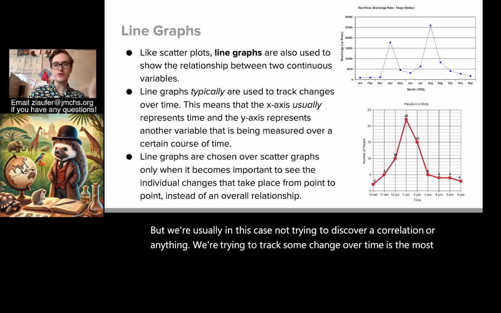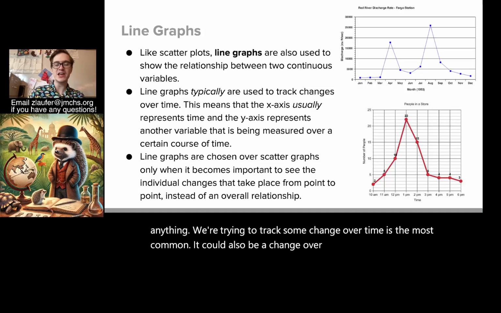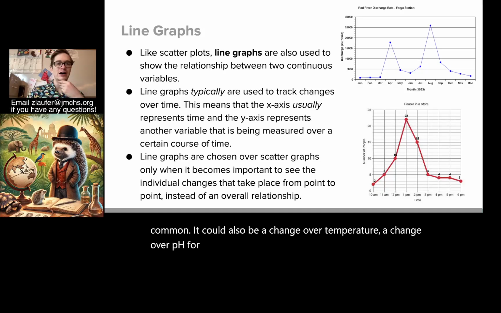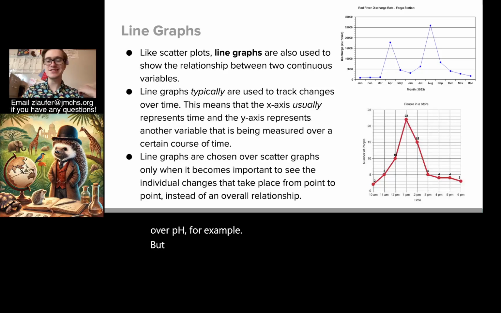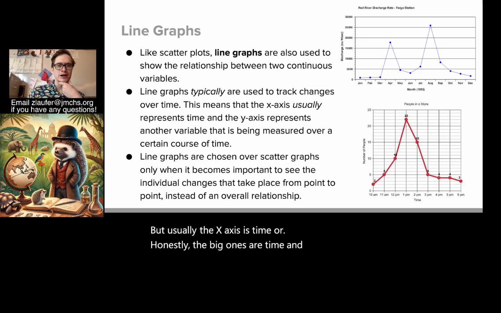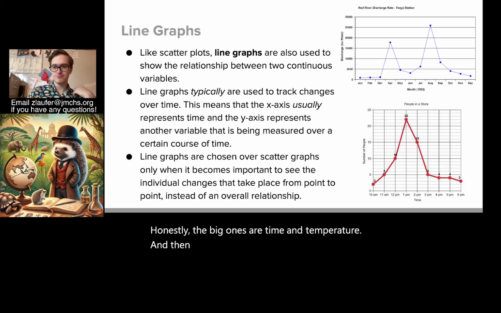It could also be a change over temperature or a change over pH, for example. But usually the x-axis is time, or honestly your big ones are time and temperature. And then your y-axis is anything that you are measuring.